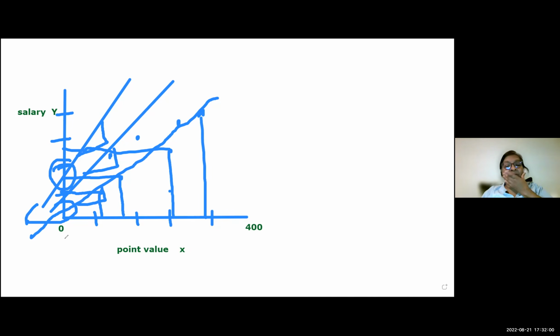When the point value is 0, what is the value of y? Are you with me, guys? That is called the intercept. So when you use a statistical tool of regression, it calculates the slope and the intercept value. Very clear? So that's how you do point values. And with that, we conclude job grading and point method.